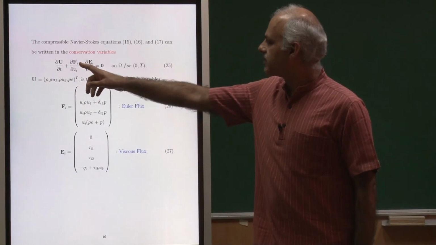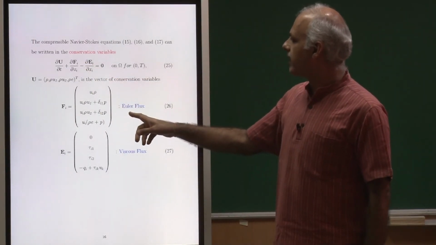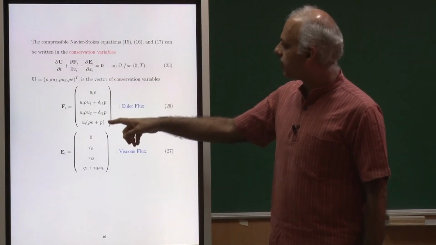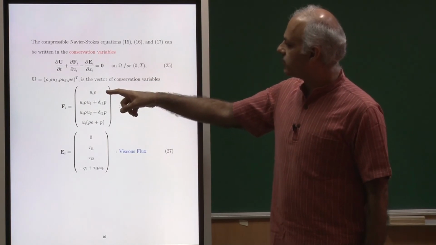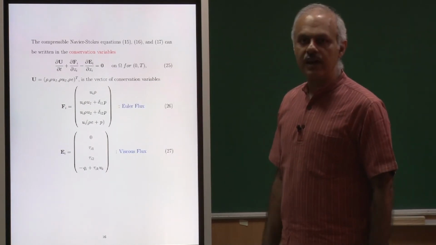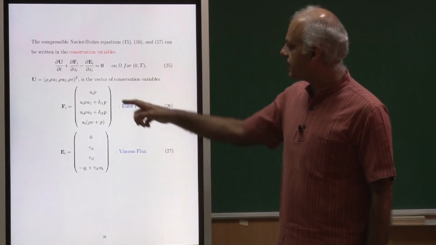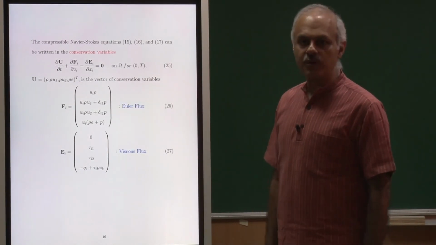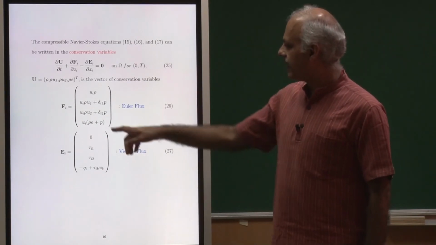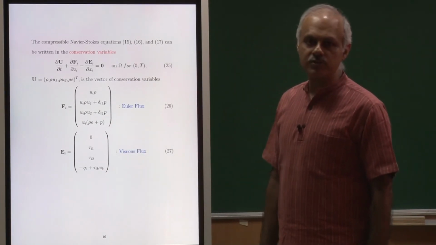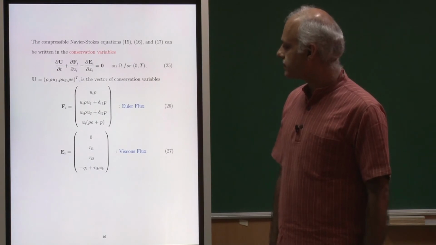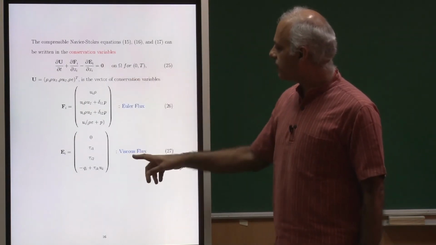And then I have Fi, the Euler flux, again corresponding to the 4 equations. The first row corresponds to the continuity equation, the mass balance. The second and third rows correspond to the force balance, and finally the last row corresponds to the energy equation. Likewise I have a viscous flux.